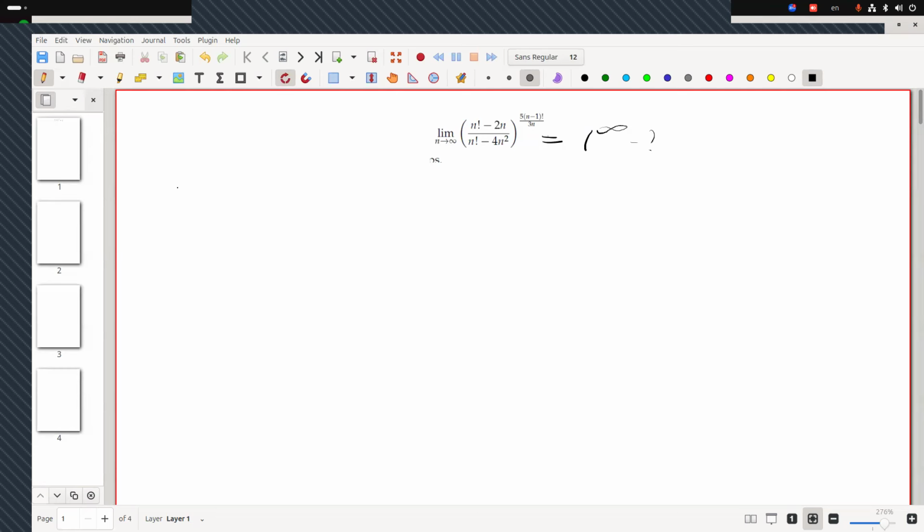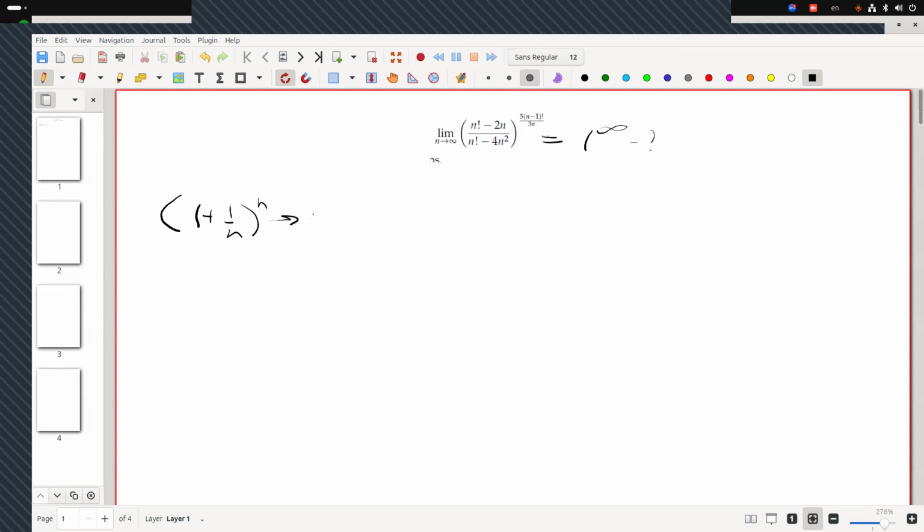We can remember the useful limit saying that 1 plus 1 over n to the power of n tends to e. In particular, we can think of 1 plus 1 over xn taken to the power of xn tends to e as xn goes to infinity.